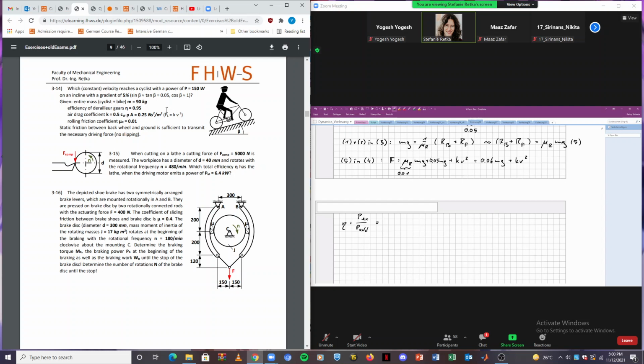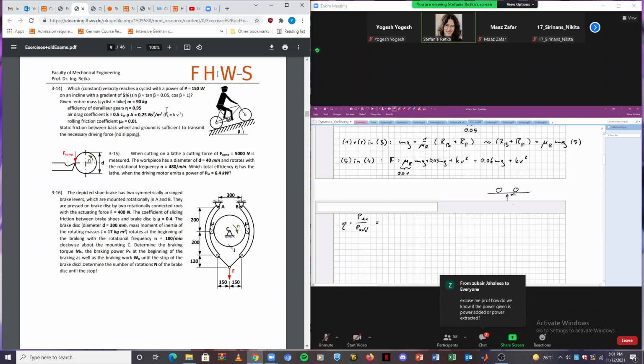Well, in this case, it wouldn't make any difference. But of course, if we have an object with two contact points, then there are two normal forces and two forces of friction. That's the real situation. If there are no dimensions given and we are not using the equilibrium of moments, then we could simplify it to one normal force and one force of friction as well.